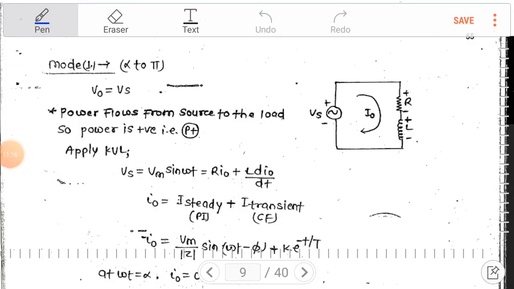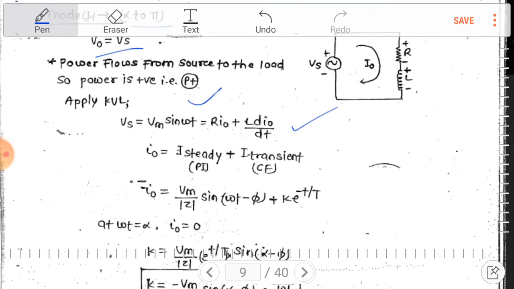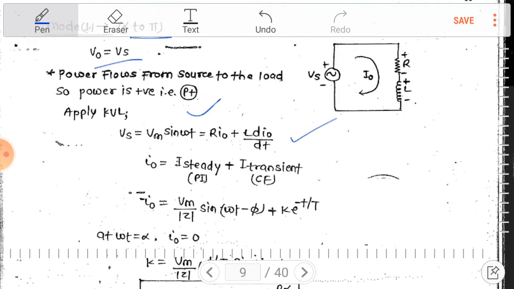So in RL load, in mode 1 from alpha to pi, when the thyristor is conducting, the output equals the source voltage, so power flow is positive, and this is the KVL equation we obtain: Vs equals R i0 plus L di0 by dt, where i0 is the current flowing through the loop. This is the differential equation.